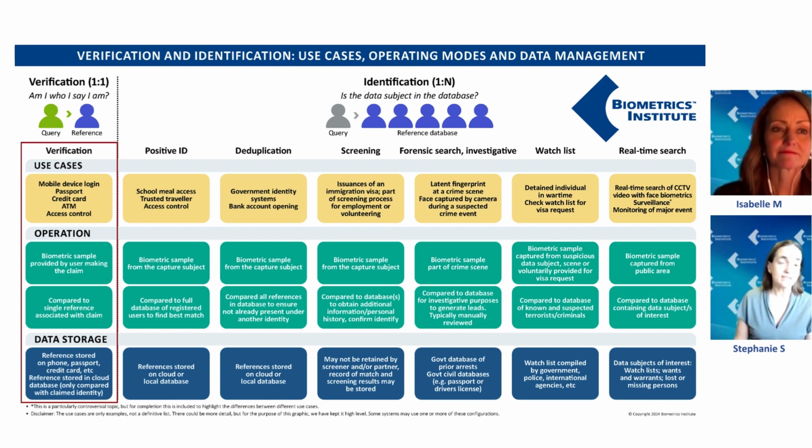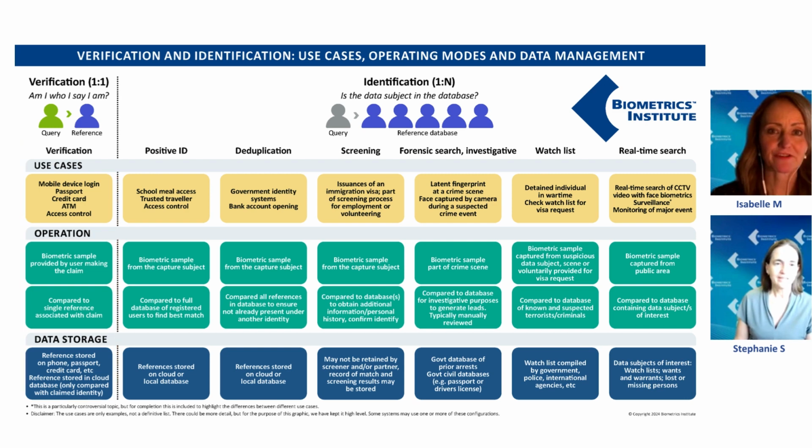You stick in your card, but the data could be stored on the card, but it also could be stored at the bank. But there's still just a one-to-one comparison against you and that reference stored in that database. So that's really what one-to-one means, is I've got one thing in the database and the one thing, me, compared against that. Interesting.